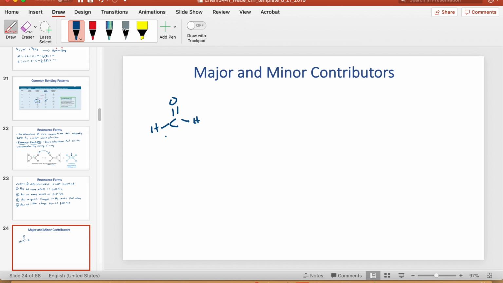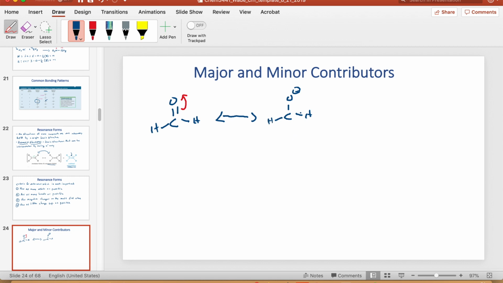That means I can move this up to the oxygen, and this gives me a different resonance structure. When looking at resonance structures, we use a special double-sided arrow. This indicates that we have two resonance structures, or however many we're looking at. So, for instance, this one here.